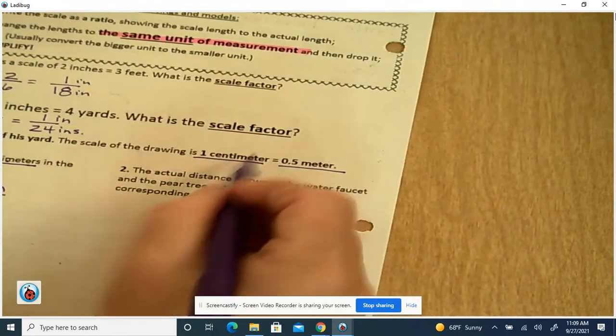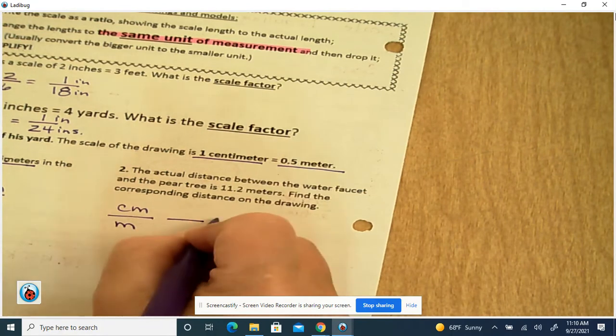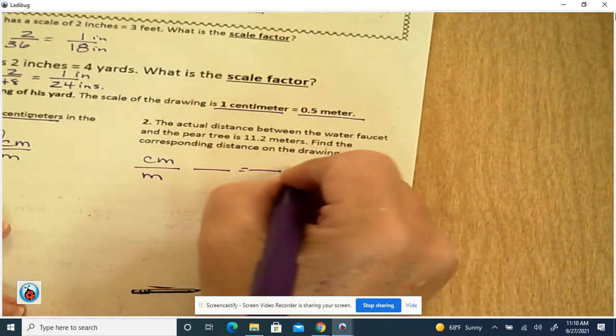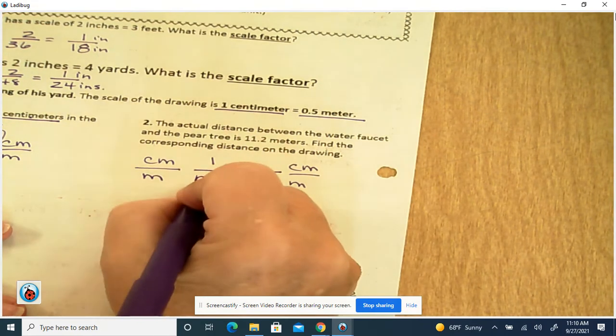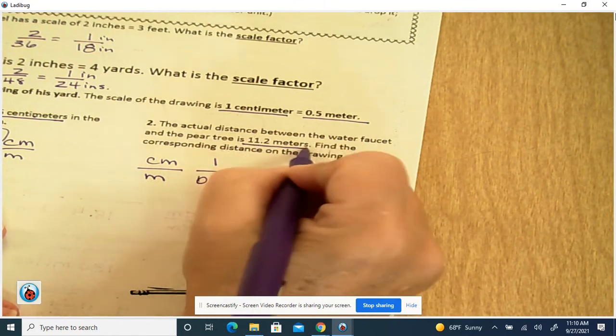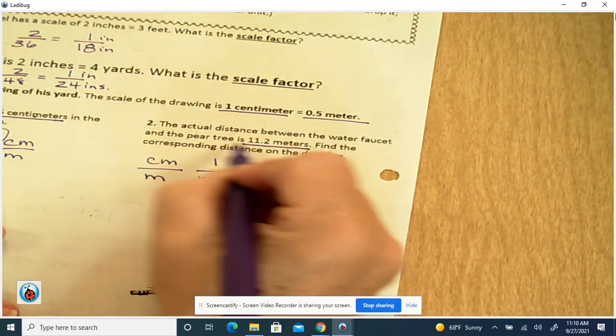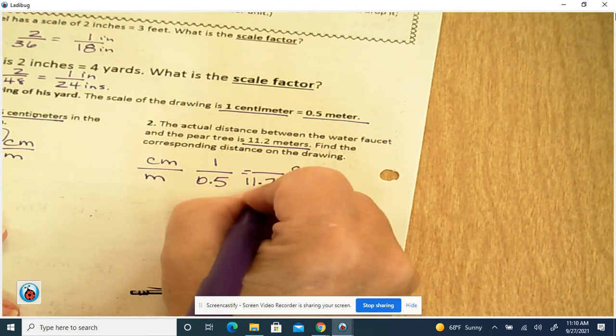Over here, we're still using the same scale. So you've got 1 centimeter is 0.5. And then here we have the actual distance between the water faucet and the pear tree is 11.2 meters. This is meters, so it's going to go down here on the bottom where the meters are.